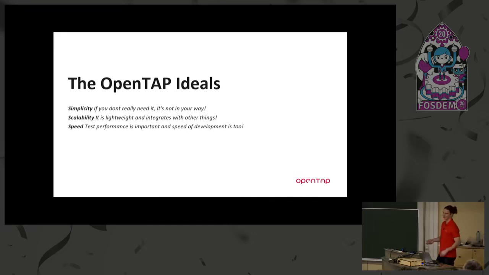It should be lightweight and integrate well with other things. You should be able to fire it up in a Docker container, run it on an Android phone or a desktop computer or what have you. And then lastly, speed is very important for tests. If you're doing manufacturing, you need to make sure that the test goes as fast as possible. And of course, also a very important thing is the speed of development. How many man hours do you need?